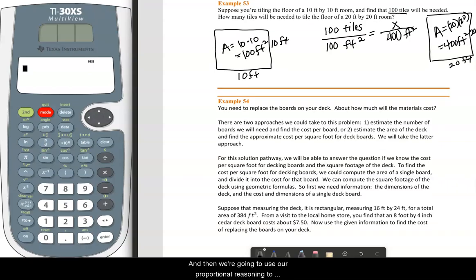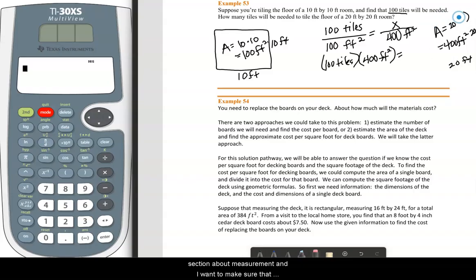And then we're going to use our proportional reasoning to figure out what to do with this. We're going to say the product of the numerator on the left times the denominator on the right. So we have 100 tiles times 400 square feet. And I know the labels there are somewhat distracting, but we're going to deal with the labels. This is a section about measurement, and I want to make sure that we know that those measurements stay with us.